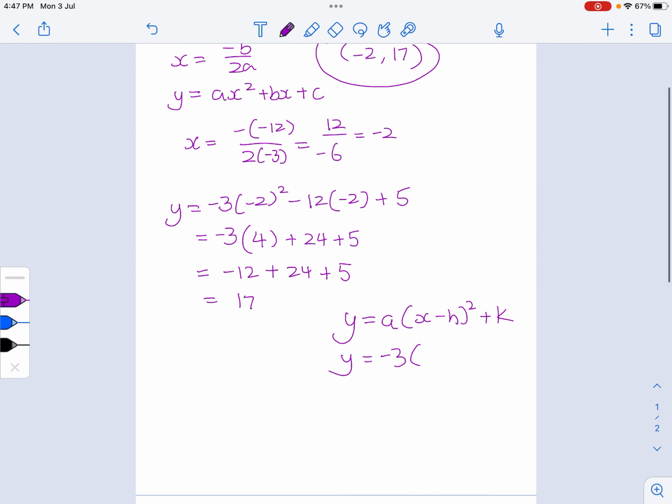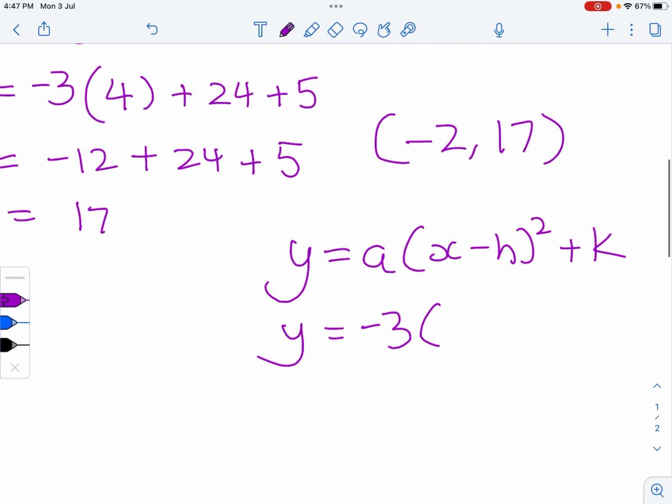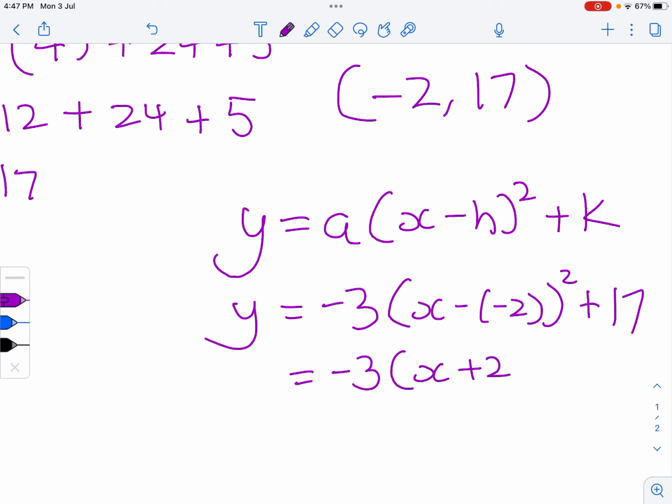And since we know that the vertex is negative 2 comma 17, we can substitute negative 2 into h and 17 into k, and we can simplify it into x plus 2, because negative negative becomes positive.